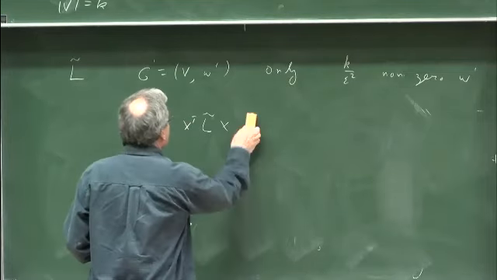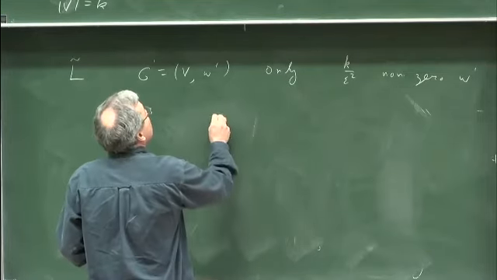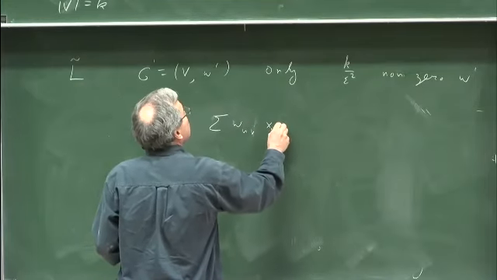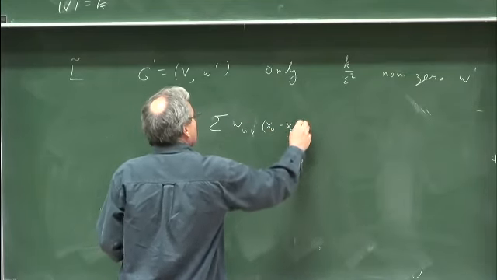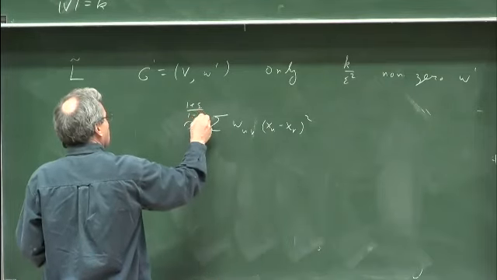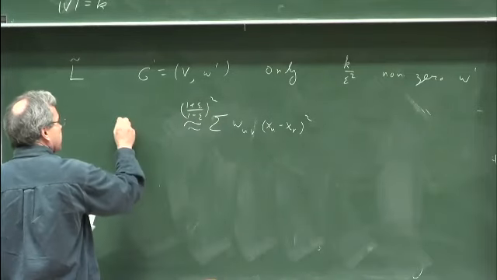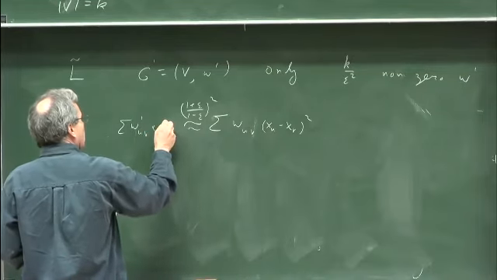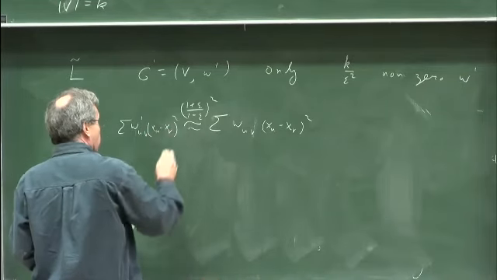So maybe I'll write it with this: the sum of W u v times x u minus x v squared is almost the same, up to this quantity, as the sum with the W prime. This is what comes out.